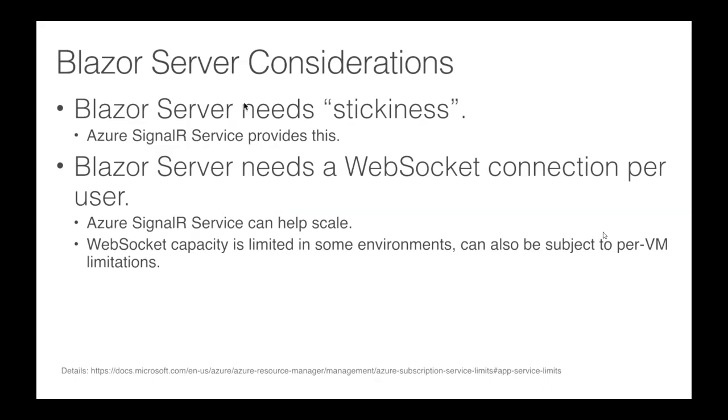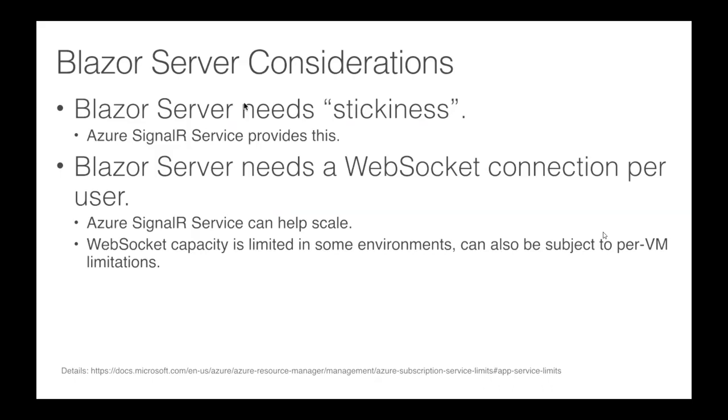So if you provision a standard app on app service, you tend to have a reasonable amount of capacity to serve web traffic, but a pretty low amount of capacity to serve WebSocket traffic. Azure SignalR service is a dedicated service to offload that WebSocket traffic or that other SignalR traffic so that your app can do app stuff. And it means that you could probably get away with a smaller number of app deployments if you're using Azure SignalR service, because you're offloading the WebSockets to something purpose-built for that.